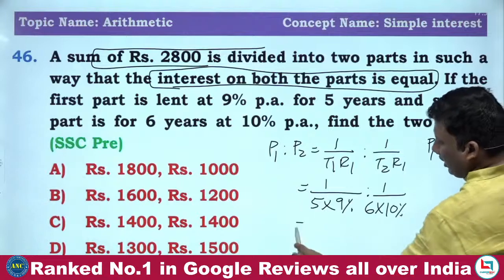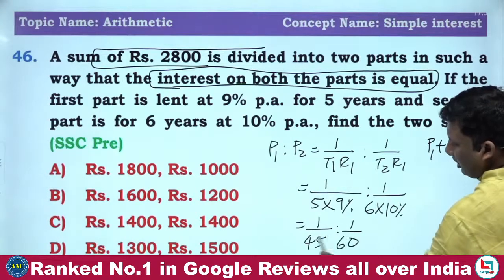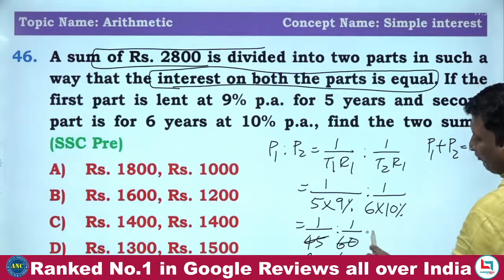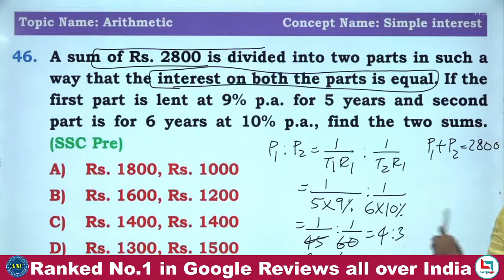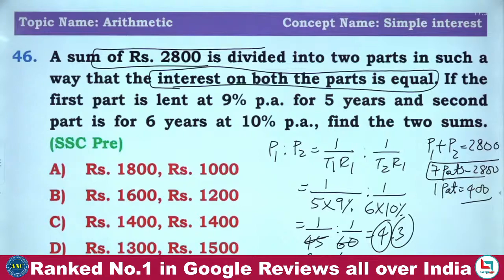So this will be 1 by 45 is to 1 by 60. 15 3s are 45, 15 4s are 60. It is 4 is to 3. That means totally 7 parts is equivalent to 2,800. 4 parts plus 3 parts. What will be the first part? 1 part is equivalent to 400. So the first part will be 1600, second part will be 1200.